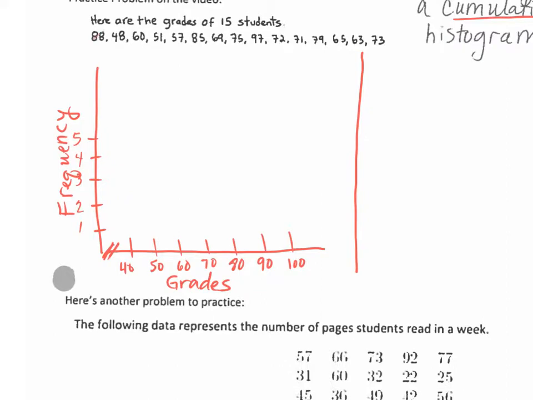So I'm going to take each set of data, like 88, and plop that in there and put my dot. And then there's my 48. And remember where 60 goes? It goes to the right of that 60. So it goes right there, and so on. So I want you to stack up all your data right now.